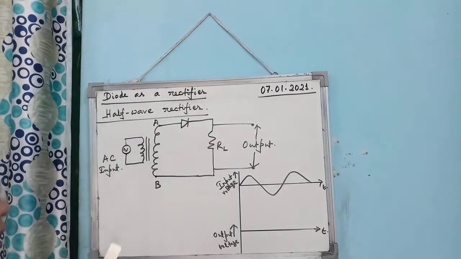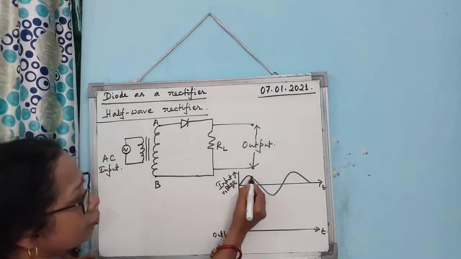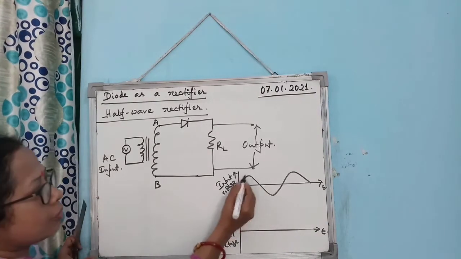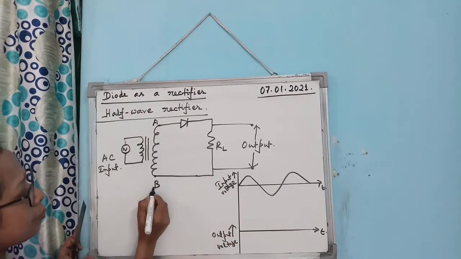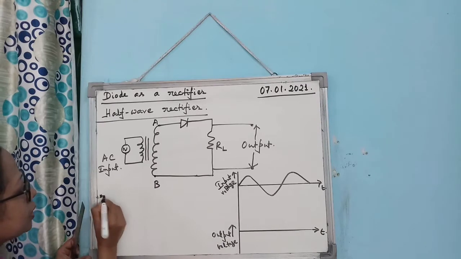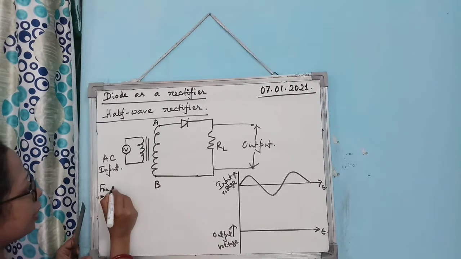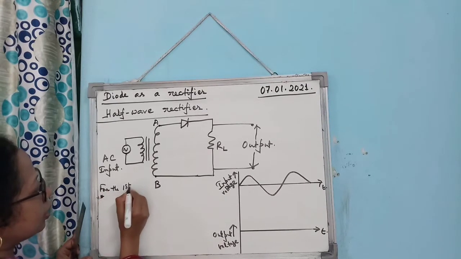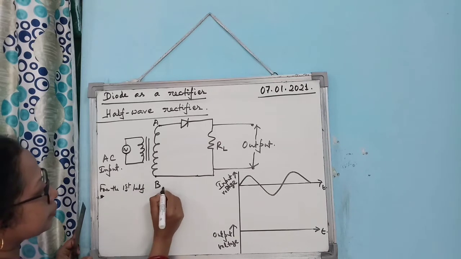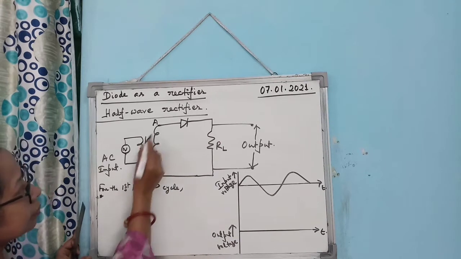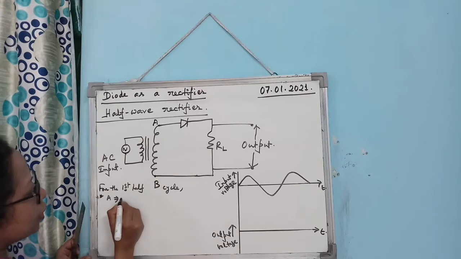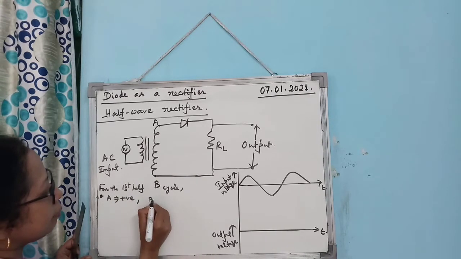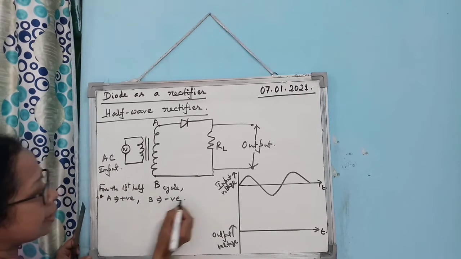Isn't it? Now, if you consider the first half cycle, and consider the points A and B, then you see here I am writing it point-wise for the first half cycle. You see A is positive and B is negative, isn't it?